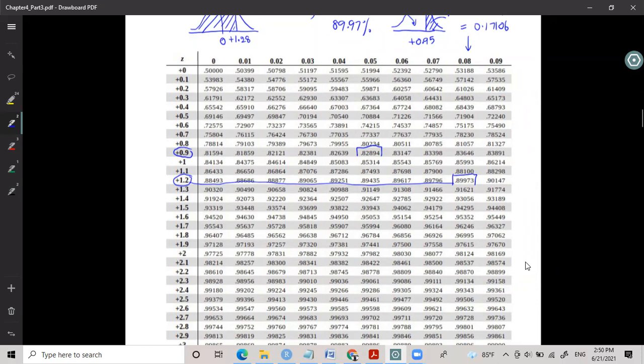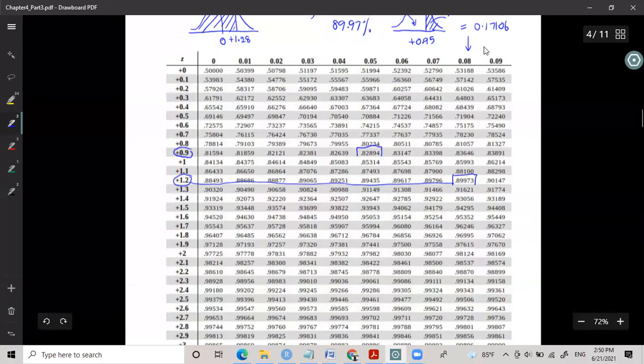First find the Z score. So what is the Z score? You have to go for the closest one, 0.84. Thanks, Manisha. That's the closest one, right?